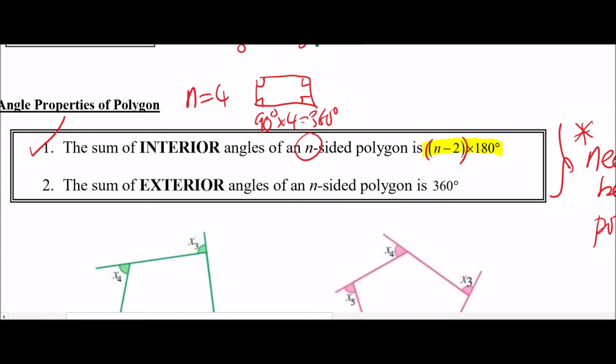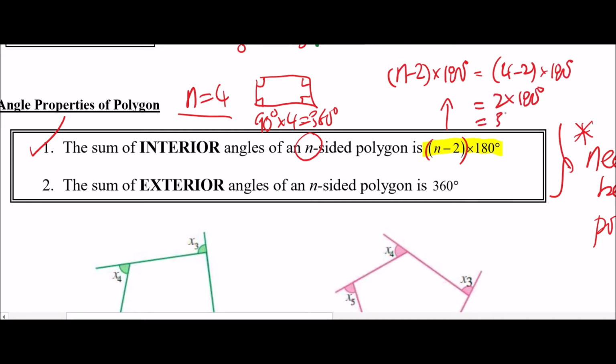This is what we know. Let's apply this formula here, right? So for n equals 4, n minus 2 times 180 is, for the case of the rectangle, 4 minus 2 times 180, and you get 2 times 180, which is the same 360 degrees. So this is just an example of how you can use it. n is the number of sides for that particular polygon.